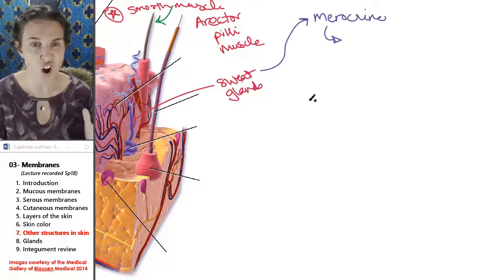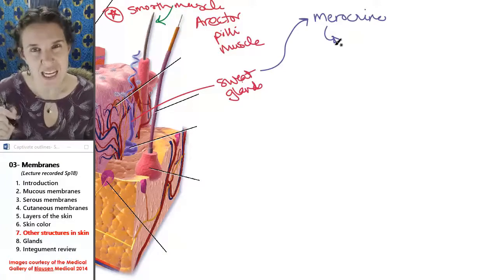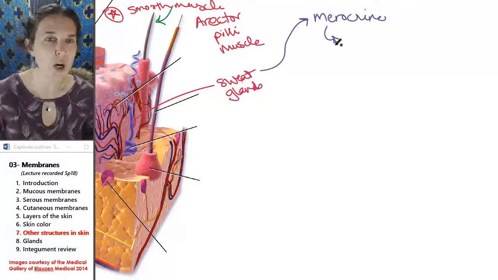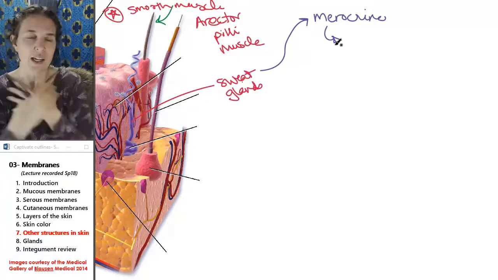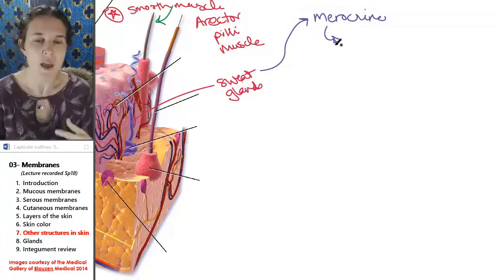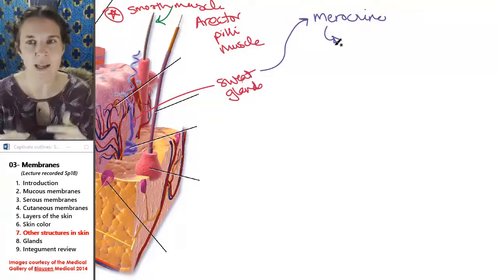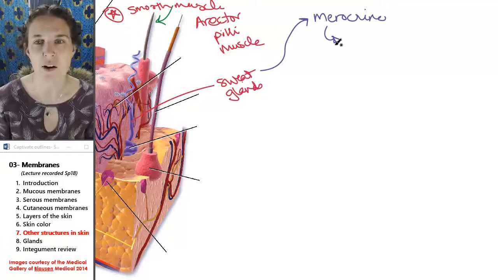They're found all over your skin, and they produce a really thin, watery sweat. When you work out and you're sweating and you're getting all drippy wet, that real watery sweat is merocrine sweat. It's produced by these merocrine sweat glands.